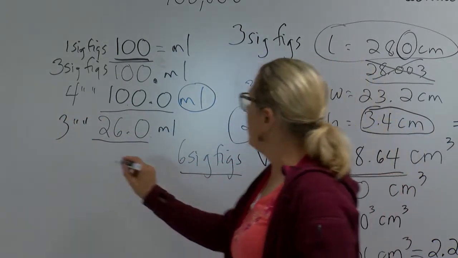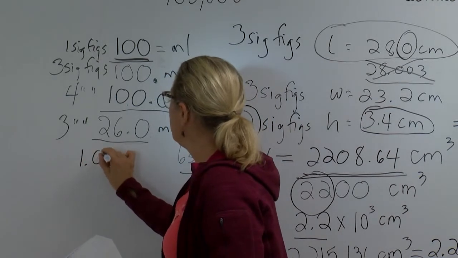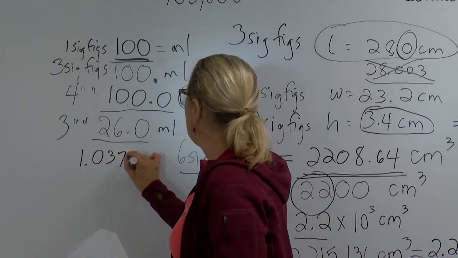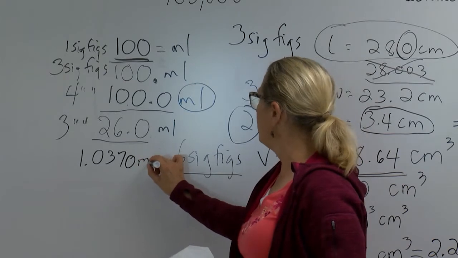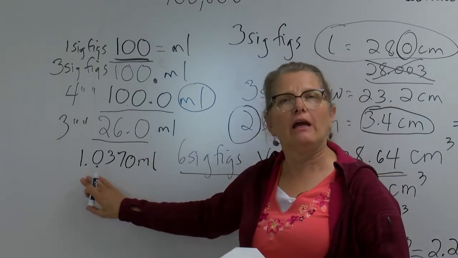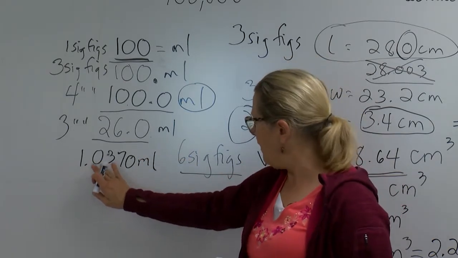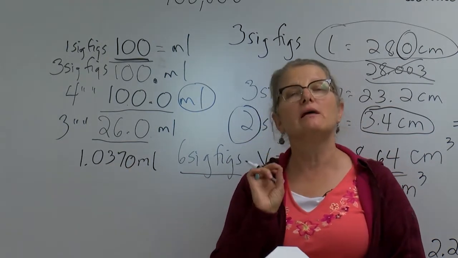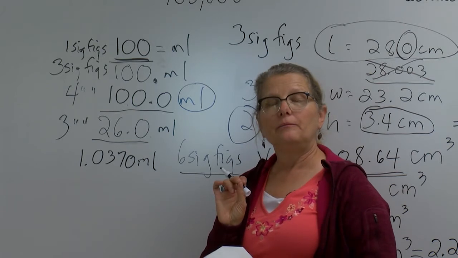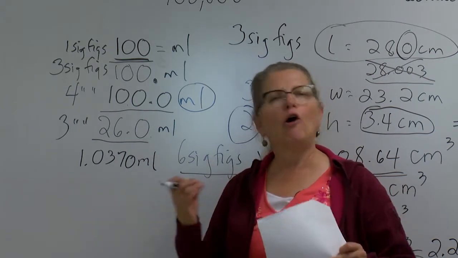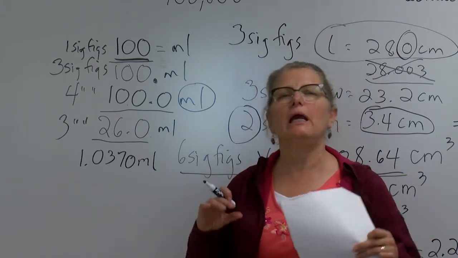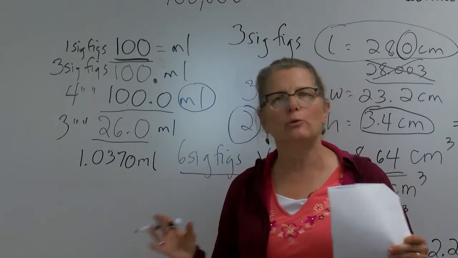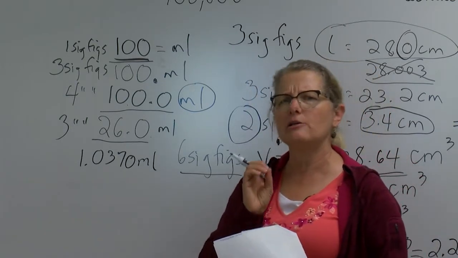Let's try a number like 1.0370. This is a very accurate number. Tenths, hundredths, thousandths. I know to the 10,000ths of a milliliter. With all the COVID and they're trying to get the vaccine, there are all these biotech companies doing very precise measurements.